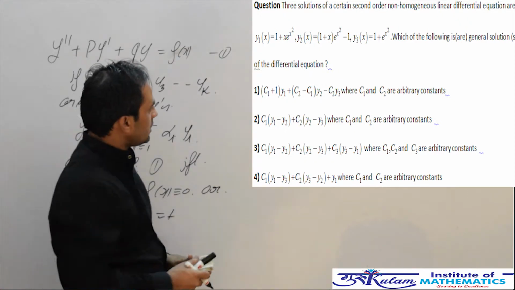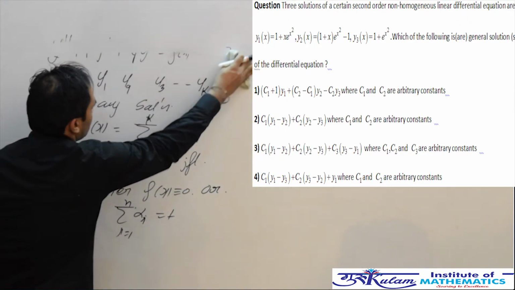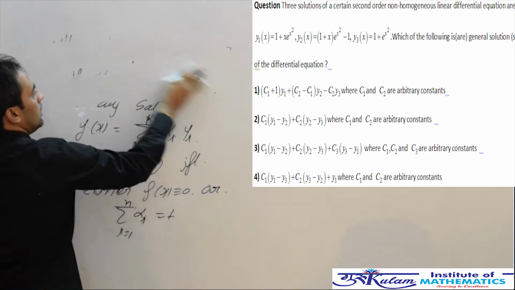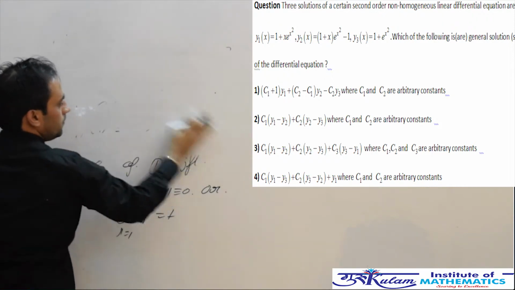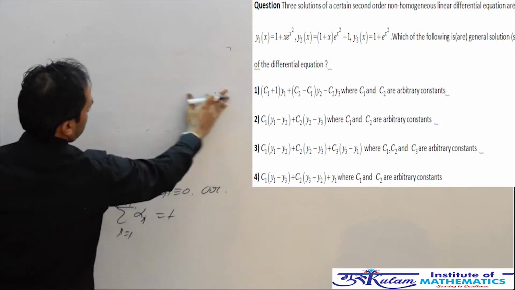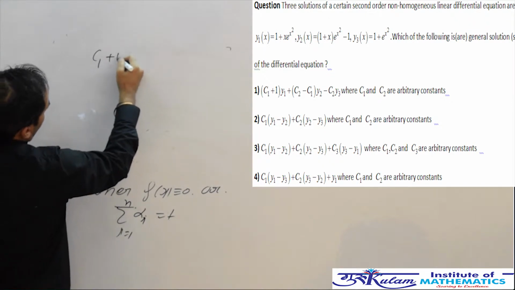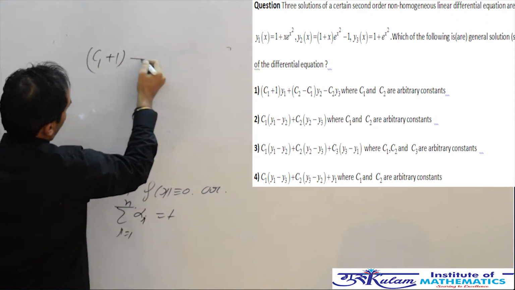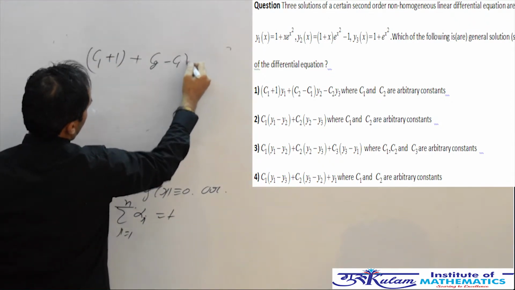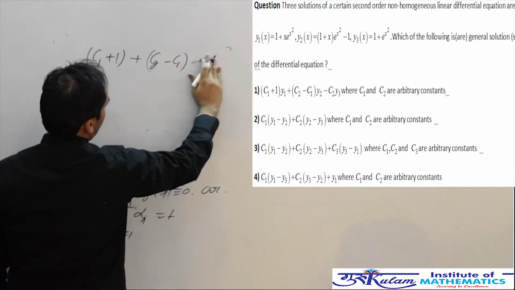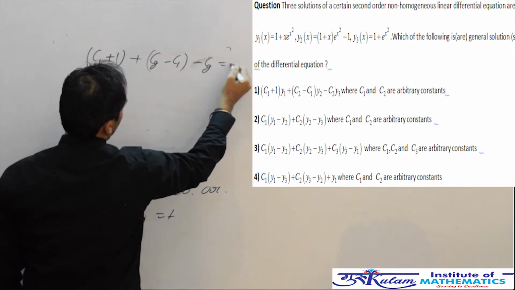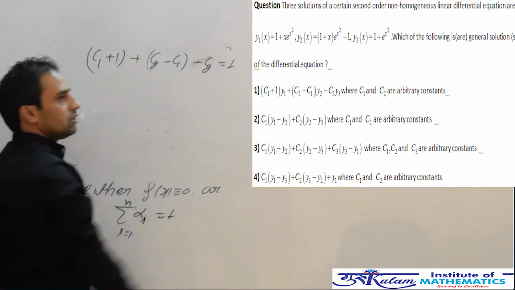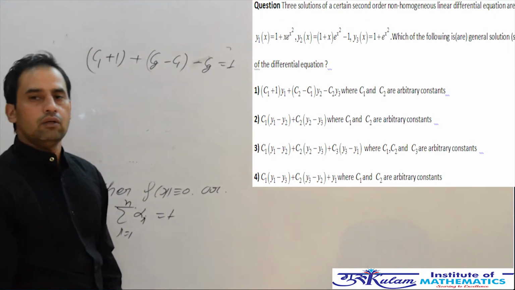In the first option, the sum of coefficients is (c1 + 1) for y1, plus (c2 - c1), plus (-c2), which is equal to 1. So the first option is definitely true.